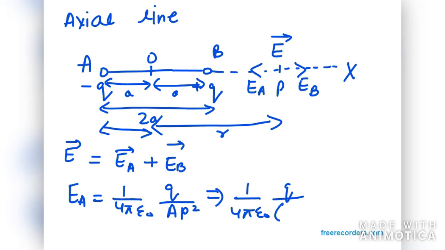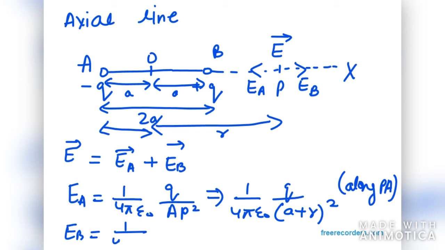So it will be (a plus r) whole square, or you can write (r plus a) whole square. This is along PA. Now for EB, it will be again 1 over 4 pi epsilon naught q.